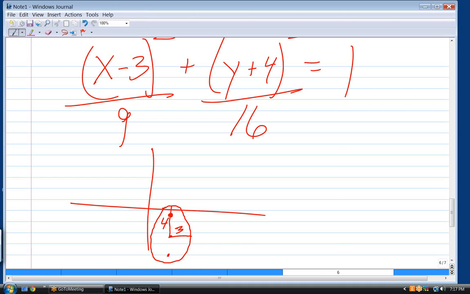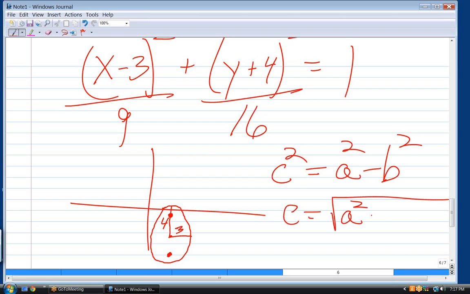And where is the focus? There are 2 focuses. How far from the center is the focus? Wait, so c squared is equal to b squared minus a squared? A squared minus b squared. So then it would be the square root of 7. So this focus right here is the center plus √7 on the y-axis.